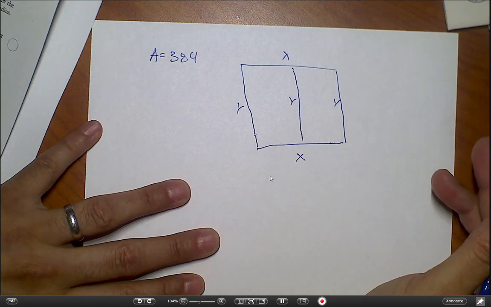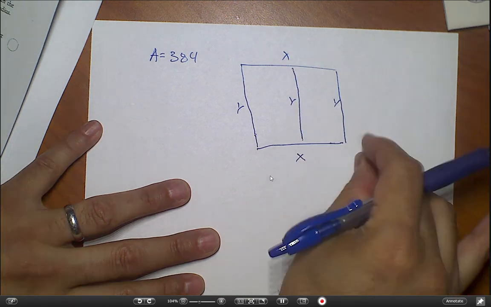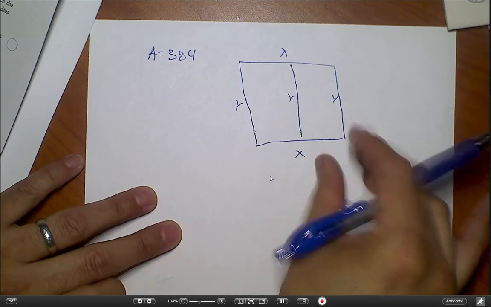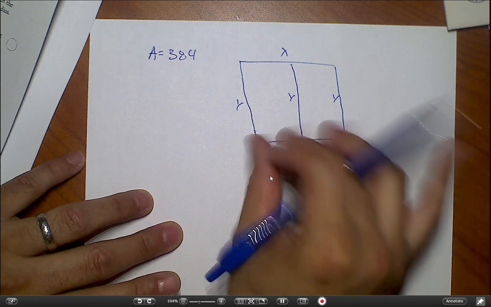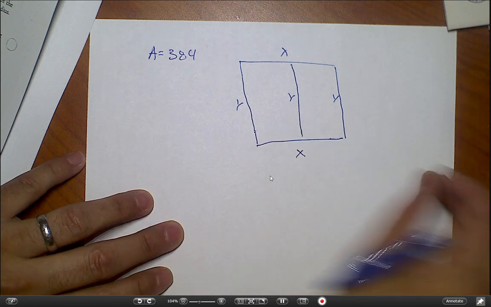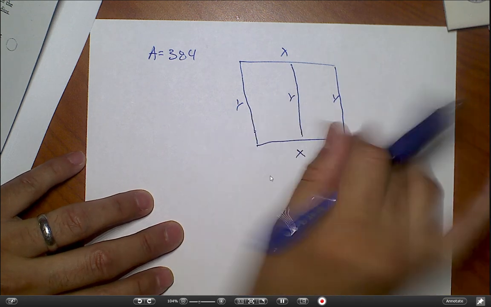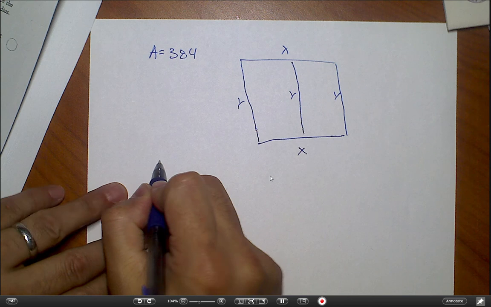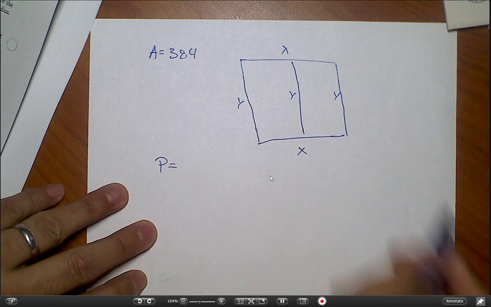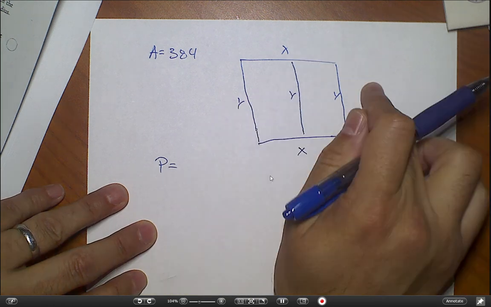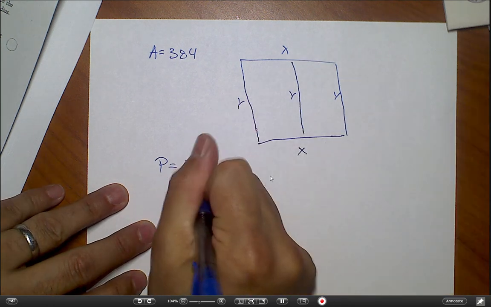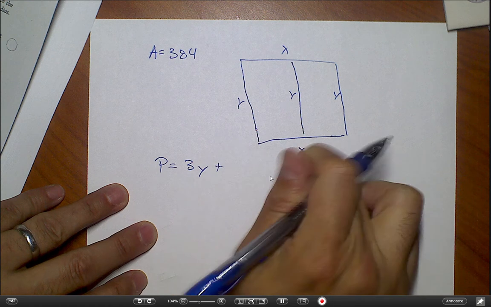So if I'm maximizing the perimeter, I know that I need to have the derivative of my perimeter. So first, let's set up an equation for my perimeter. My perimeter is going to be equal to, I have my y's, which is 3y, plus 2x.